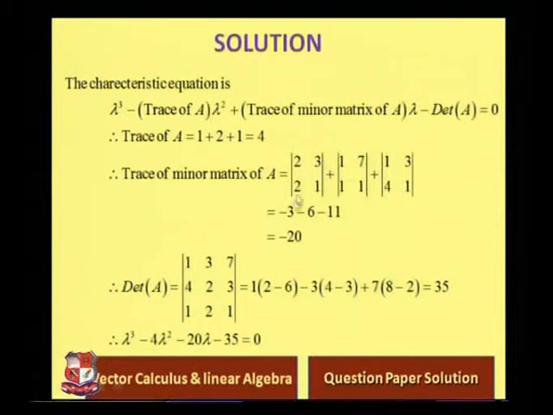This determinant is 3, this one is minus 6, and this is minus 11. So the total is minus 20. This is the trace of the minor matrix of A.